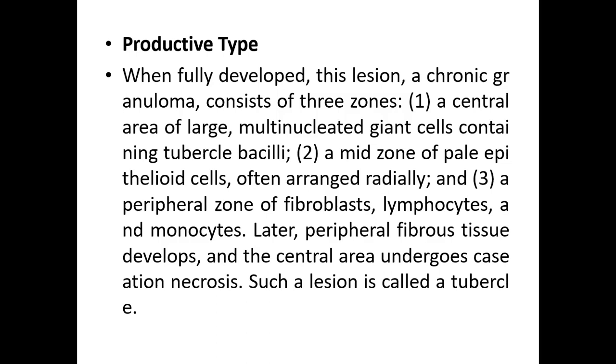A mid-zone of pale epithelioid cells, often arranged radially, and a peripheral zone of fibroblasts, lymphocytes, and monocytes that surround the bacteria. Later, peripheral fibrous tissue develops and the central area undergoes caseation necrosis. Such a lesion is called a tubercle or granuloma.